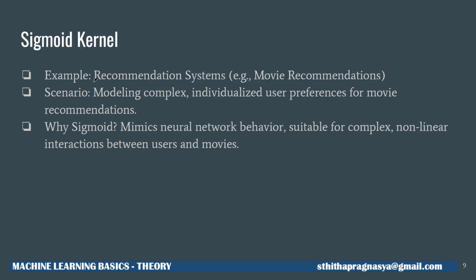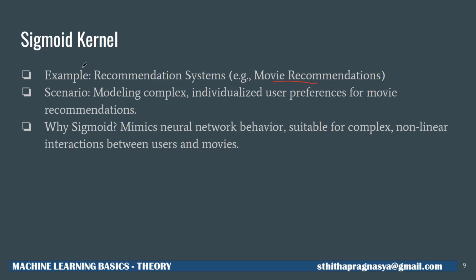And then we have the sigmoid for recommendation systems, for example, movie recommendations. Suppose you are working on a movie recommendation system where user preferences are highly individualized and complex. The sigmoid kernel, which resembles the neural network activation functions, that's where we have heard about sigmoid, can model the complex non-linear interactions between users and movies.